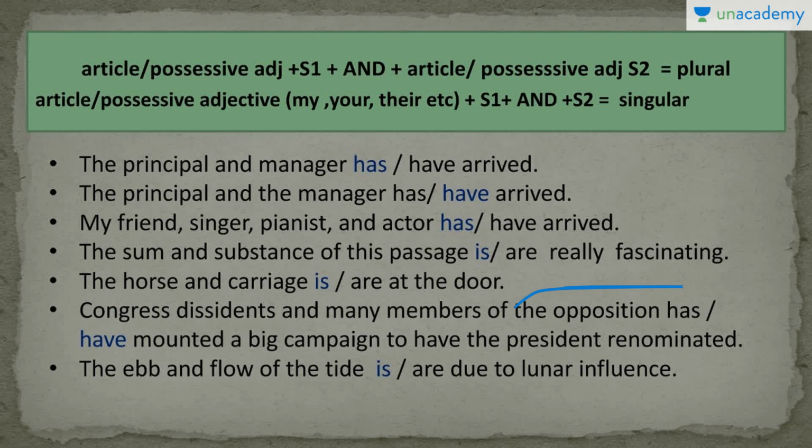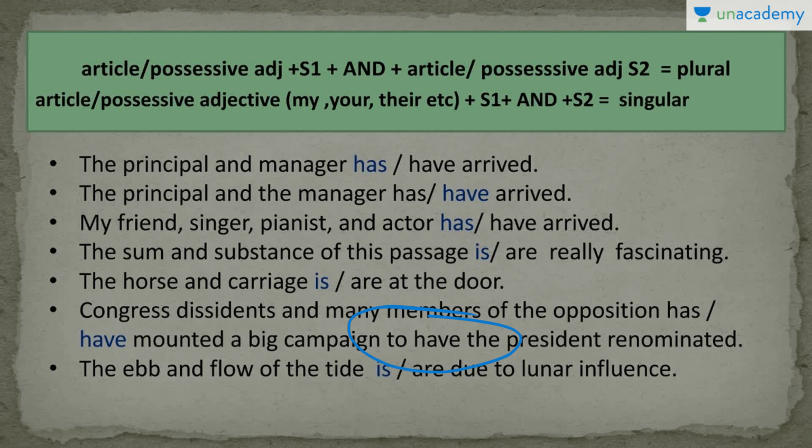Next, Congress dissidents and many members of the opposition has or have mounted a big campaign to have the president re-nominated. Now you can see again and is used as a conjunction, and there are two subjects, Congress dissidents and many members, and they all are different from each other, right? They do not form a unit, or they do not act as a unit to form something else.